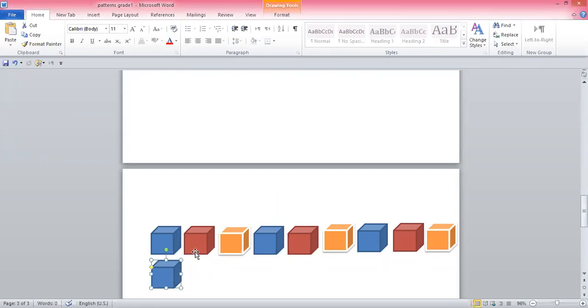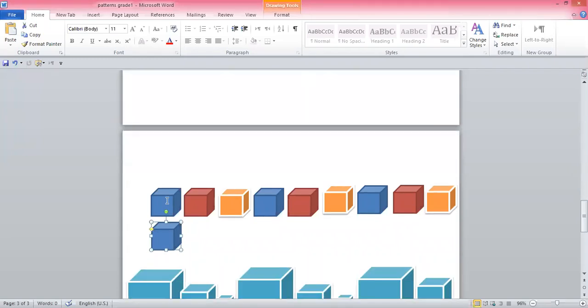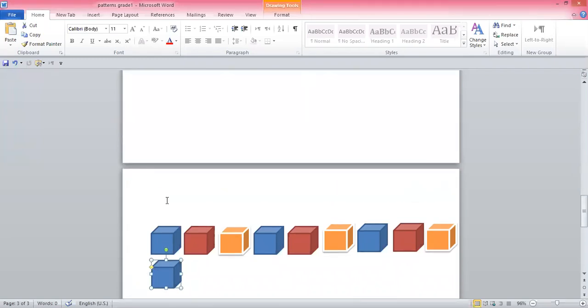Because in the pattern, blue first and then red. Yes, because in the pattern after blue cube there is a red cube, right? That's very good. Thank you.